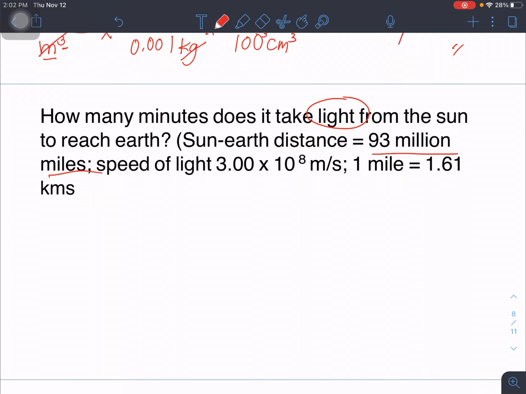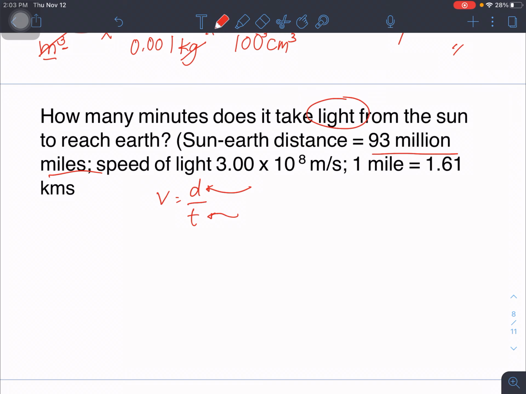The only relationship wherein distance is related to time is when they are used in speed, in determining the speed. So we have this speed is equal to distance over time. Okay, so as you can see, this is a distance, a unit of length, and time.